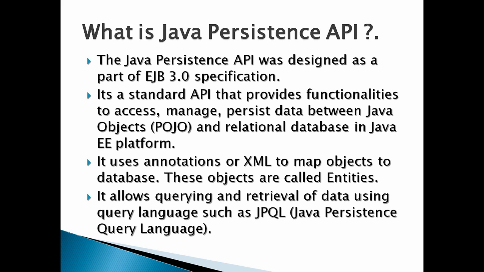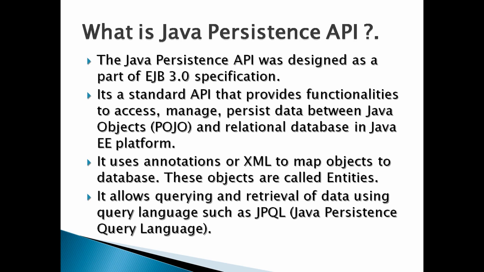It's a standard API that provides functionalities to access, manage, and persist data between plain old Java objects and relational database in the Java EE platform. It uses annotations or XML to map objects to the database. These objects are called entities. It allows querying and retrieval of data using a query language such as JPQL, Java Persistence Query Language.